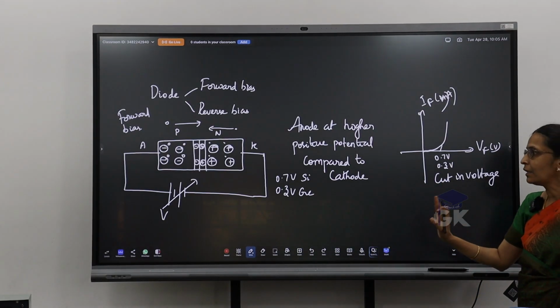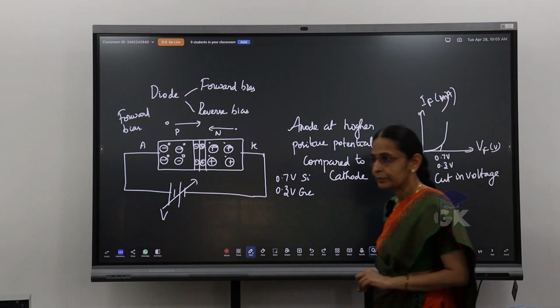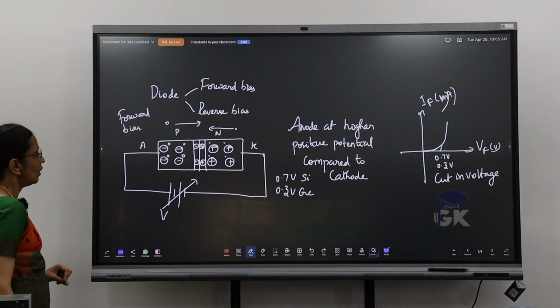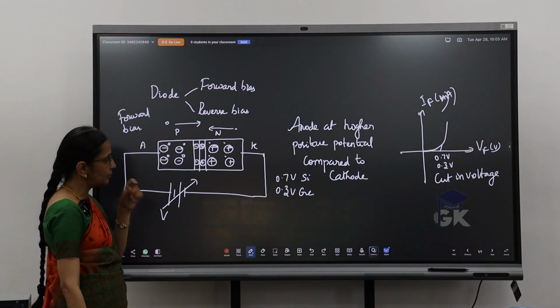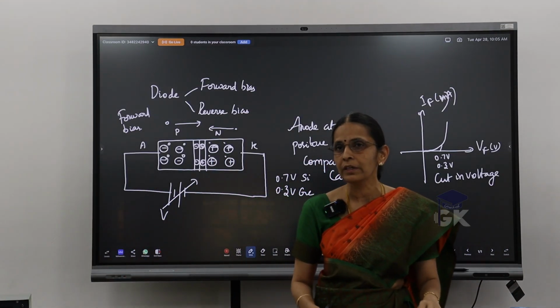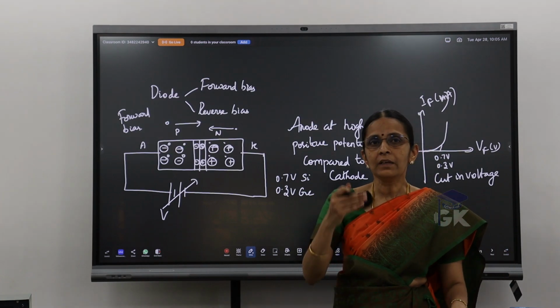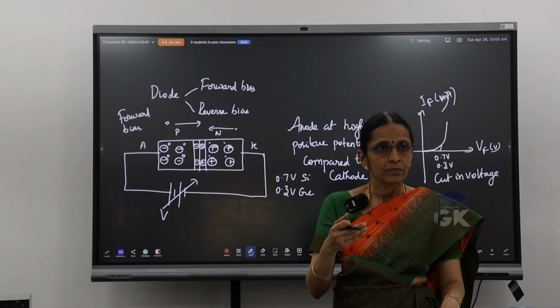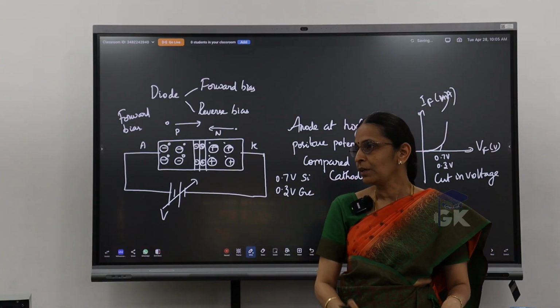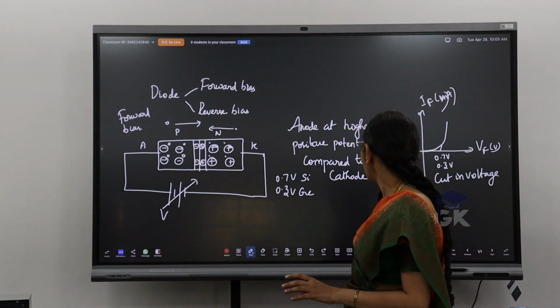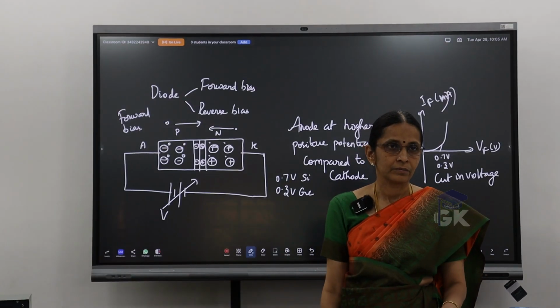So this is basically your forward bias. While doing it practically, you will increase your voltage in steps of 0.1 and check the current at every stage. Then you will plot the graph. You will get a graph in this fashion.